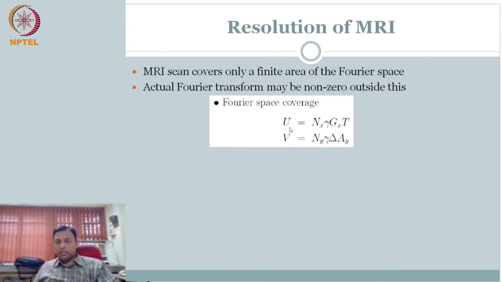So what is this U? It is the number of samples times the time period between samples in the X direction times gamma Gx. Gx is just the field strength gradient, and gamma is your gyromagnetic ratio, which gives frequency per Tesla.